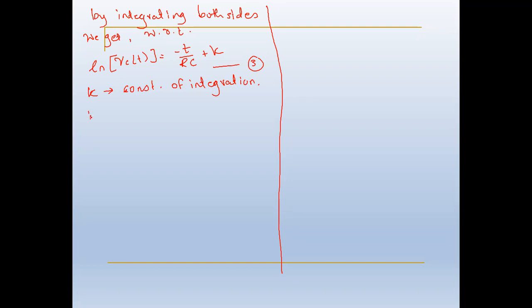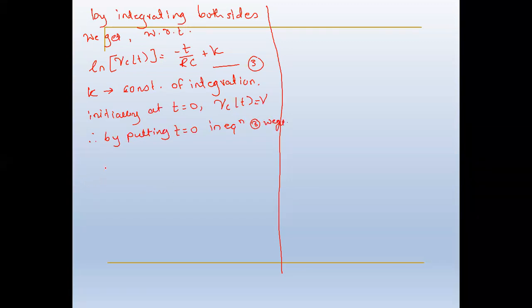Initially at t is equal to 0, Vc of t is equal to V. Therefore, by putting t is equal to 0 in equation 3, we get log of V is equal to 0 plus k. Therefore, k is equal to log of V.